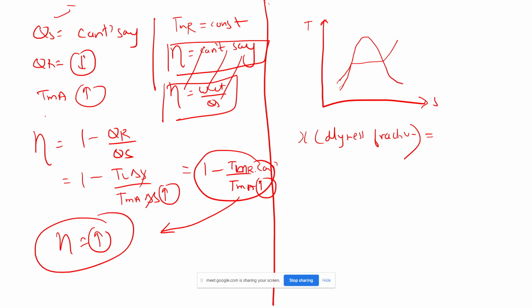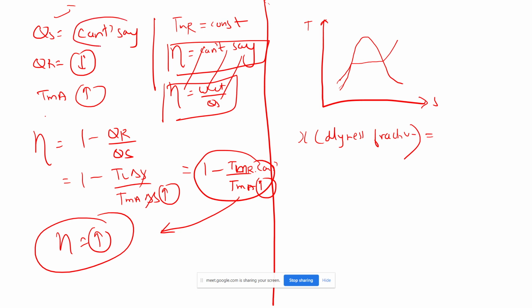Sir, usually we always compare efficiency based on this formula only, right sir? And not based on work net? For this case only we are doing it with this formula. Actually, we can't predict about that heat supplied.